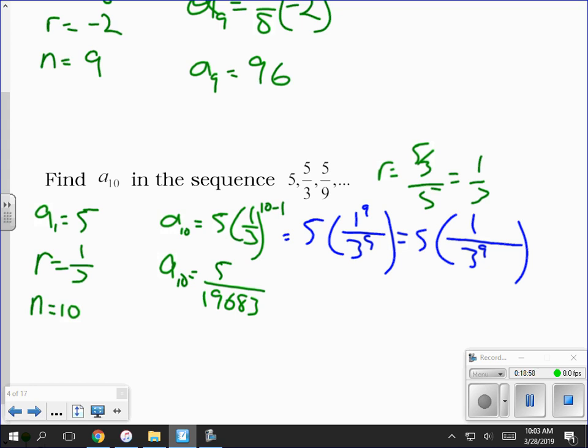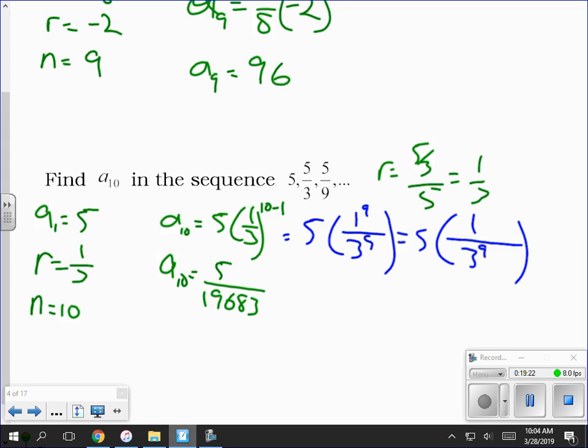Did you get that? Oh, okay, I know what's going on. But don't do 1 over that. Do 3 to the 9th by itself to compute the denominator by itself.